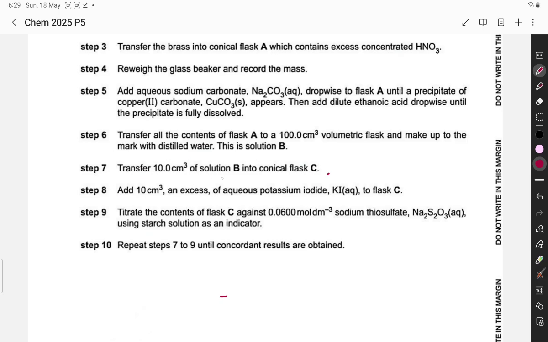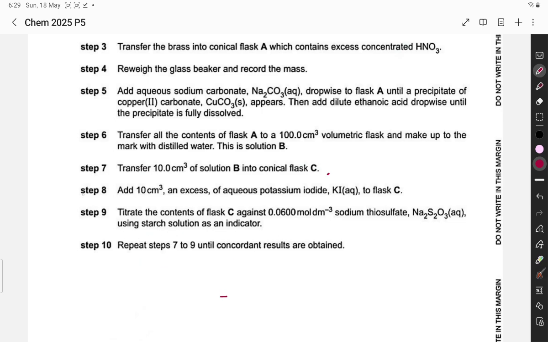Step 7: transfer 10 cm³ of solution B into conical flask C. Step 8: add 10 cm³ of excess potassium iodide to flask C. Step 9: titrate the contents of flask C against 0.0600 mol per dm³ aqueous sodium thiosulfate using starch solution as an indicator.